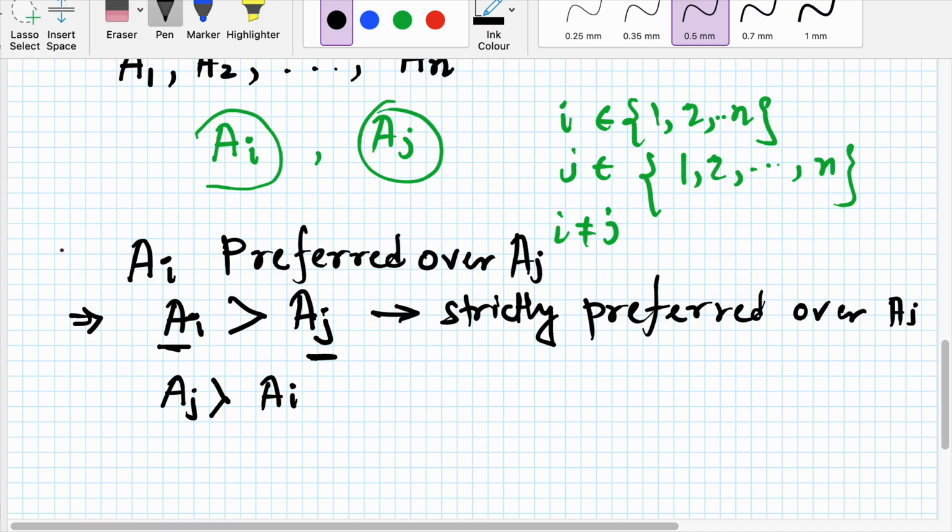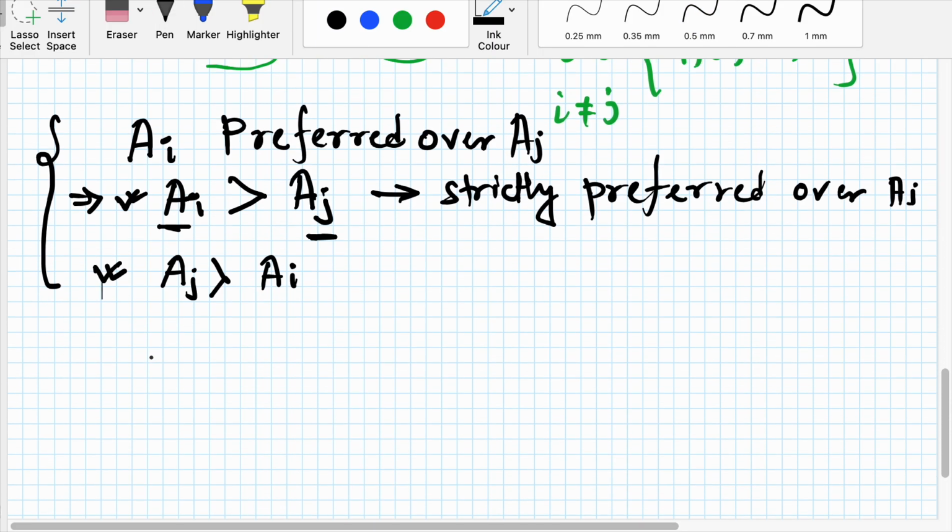Or another thing is also possible, that the individual may feel that he is indifferent between ai and aj.